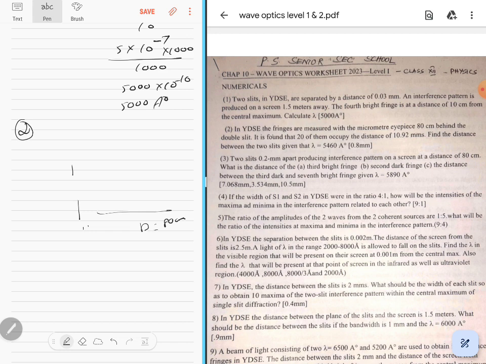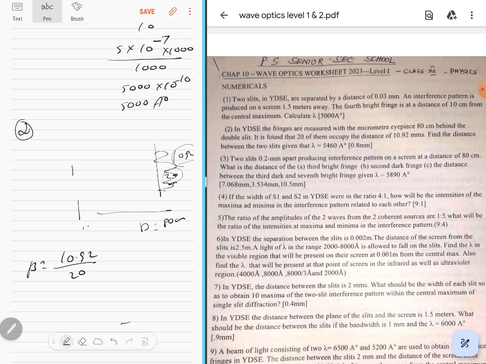There are 20 of them found at a distance of 10.92, so you can divide the 10.92 by 20 so that you get the fringe width, because there are 20 fringes found at a distance of 10.92. Take the whole distance divided by 20, you get the fringe width of each one.